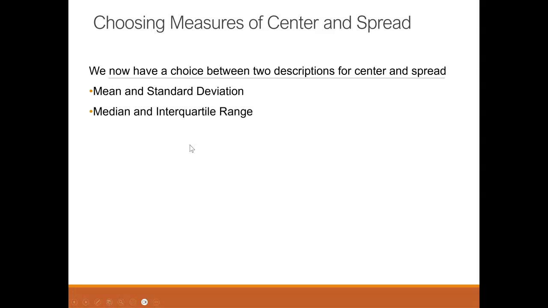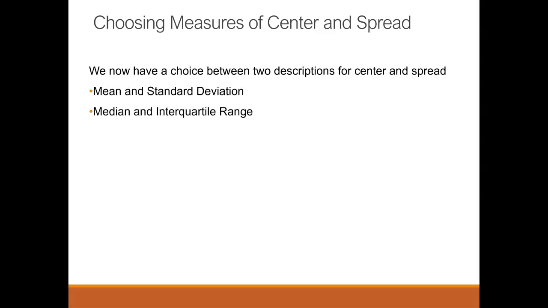All right. So now, just like before, when we talked about center, we had two different measurements. We had means and medians. We have two different measures of spread. We have ranges and IQRs, also kind of a range, and then standard deviation. Remember the rules for deciding whether I wanted a mean or a median.